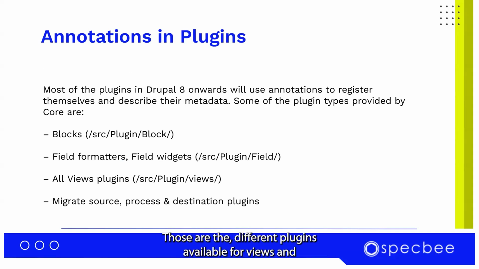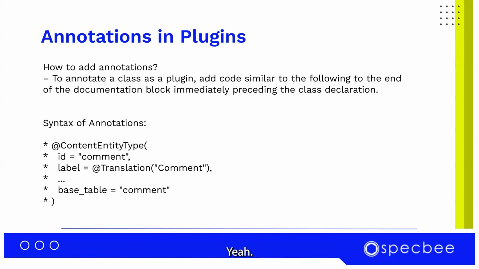Those are the different plugins available for views. Additionally, we have migrate plugins, which are your source plugin, your process plugin, and your destination plugins. All these are plugins in Drupal, and all of them use annotations at the very top of the class declaration.